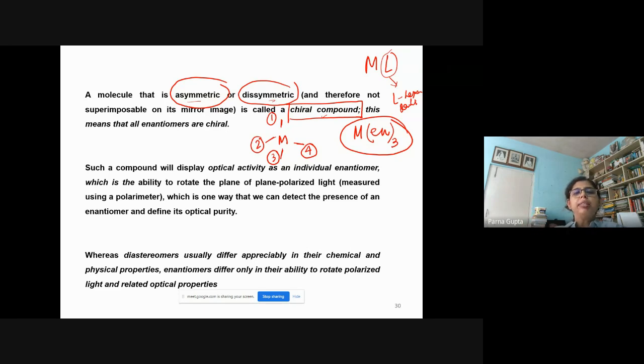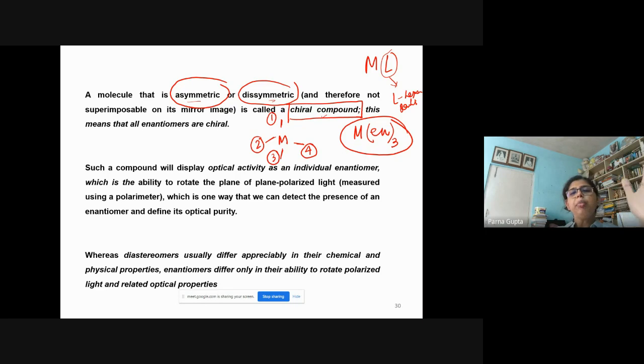And in that case, the compound will show optical activity. And as you know, optical activity, what is it? It is very simple: if you have a compound which is chiral, asymmetric or dissymmetric, and you take the enantiomers A and B, they will rotate the plane of polarized light in different directions.